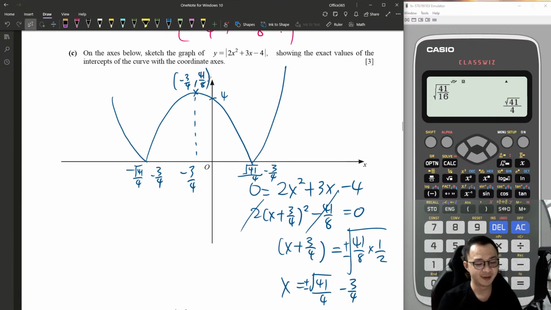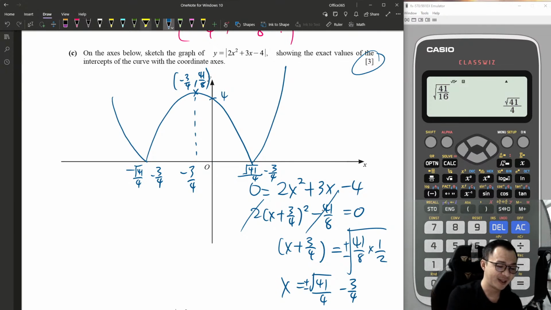Alright, done. 3 marks. Must have x-intercept, must have y-intercept. And here, the question doesn't ask you to show the vertex point. So if you don't show the vertex, I think it should be fine. Here they just give you one mark for the correct quadrant, the second quadrant.